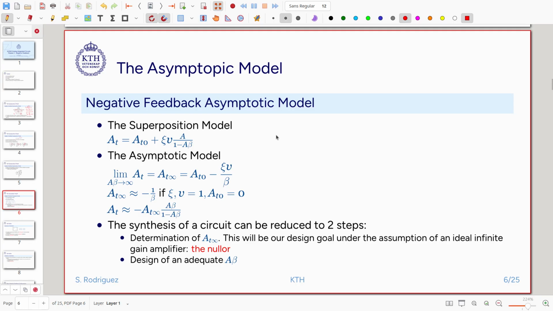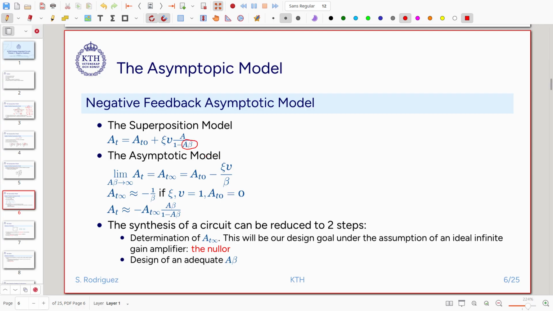Now, instead of using directly the original model, we're going to work on the superposition model, and get something that is much more useful for analog design. So we start from the superposition model that we just presented, and then we are going to assume that this term is going to be infinite.